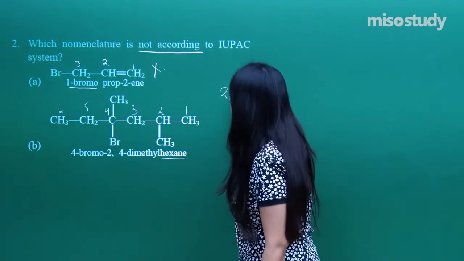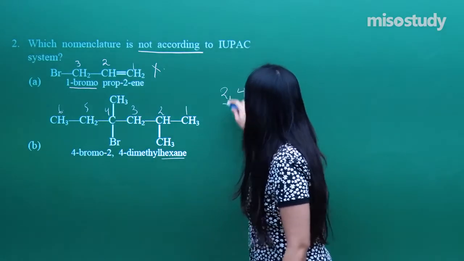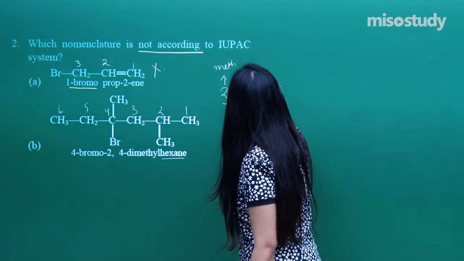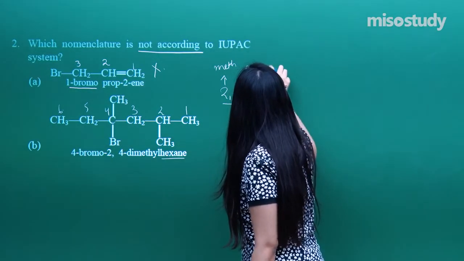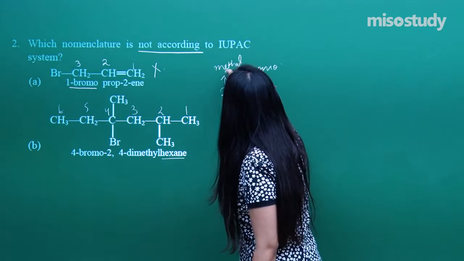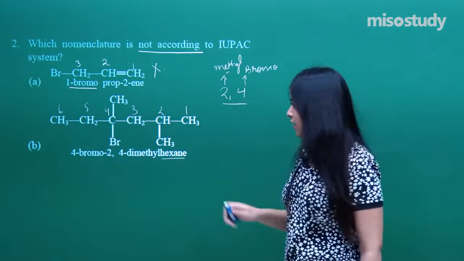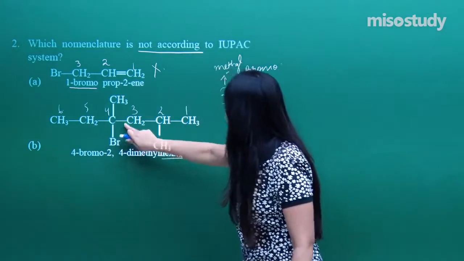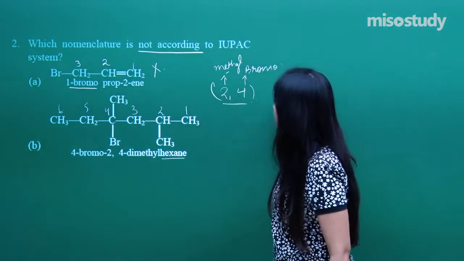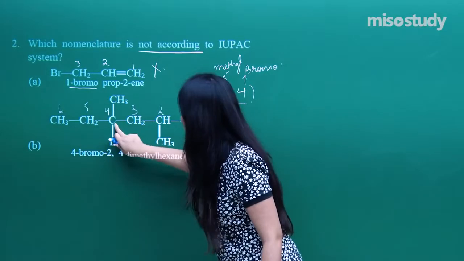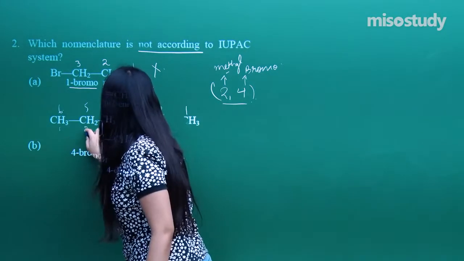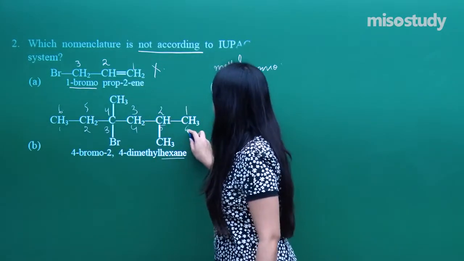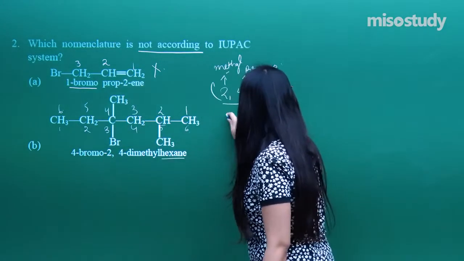That means 2-methyl and 4-bromo. So 2 will be assigned to the methyl, and this is bromo. As I number from the other side, I get the set of numbers for the substituents as 1, 2, 3, 4, 5 and 6. That means I am getting 3 and 5.